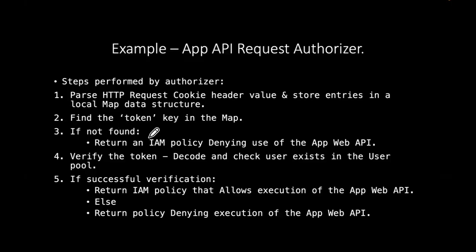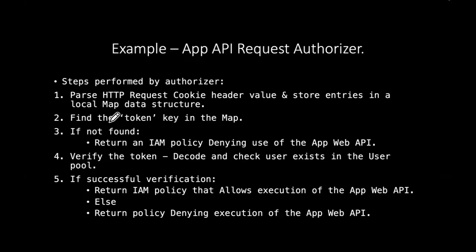This is where I was talking earlier about my authorizer dynamically generating an IAM policy. My authorizer Lambda is going to generate an IAM policy that denies access to the backend, and it returns that policy, if you like, to the API gateway, and the API gateway uses that policy to determine whether it should forward the request on or not.